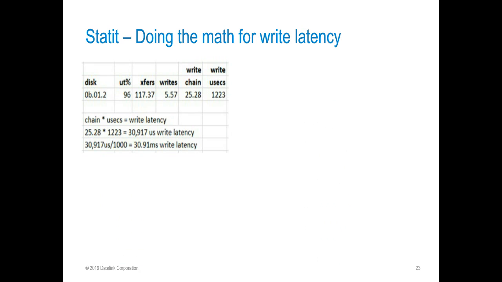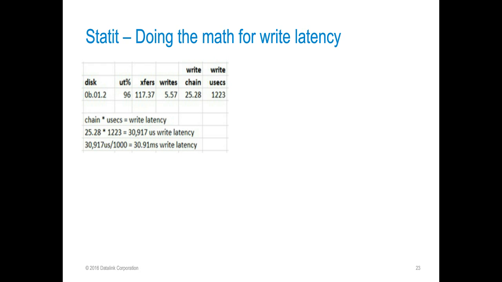So doing the math for write latency is identical to what we did back on our last slide for reads. We're looking at that one disk, 0b.01.2. It was being utilized 96%, was doing 117 IOPS. If you remember from that last slide, 112 of those IOPS were reads.